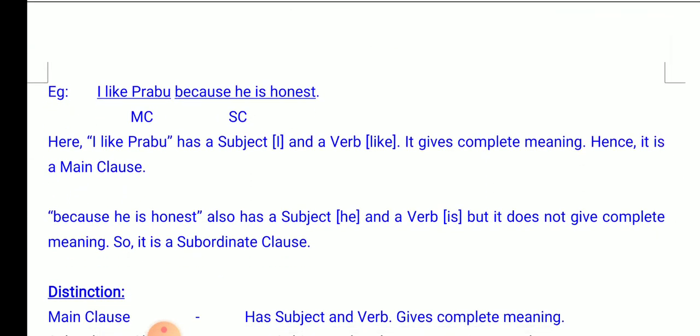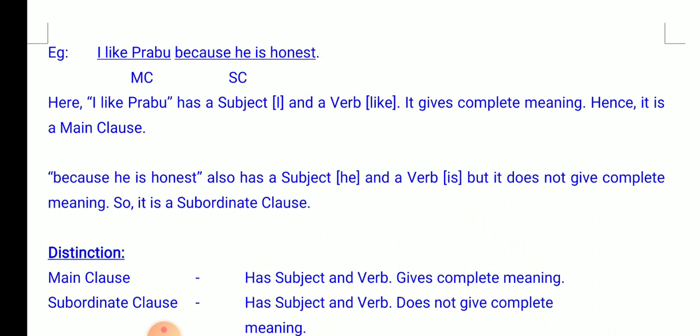Let us move on to the next example. I like Prabhu because he is honest. Here also you have two parts. The first part is I like Prabhu. The second part is because he is honest. In the first part of the sentence, I like Prabhu, you have a subject I and a verb like.